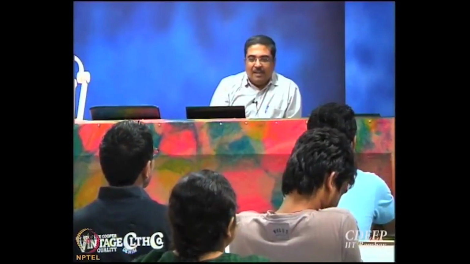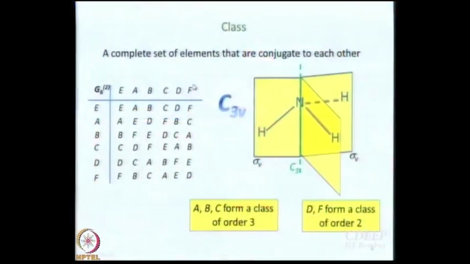Reflection in the opposite direction, basically same, right. So, that is why it falls in place. So, we have three reflection kind of operations here and two operations that are like rotation, C3 and C3 square. Okay. Work out the multiplication table of ammonia, C3v, you will see you will get exactly the same answer.